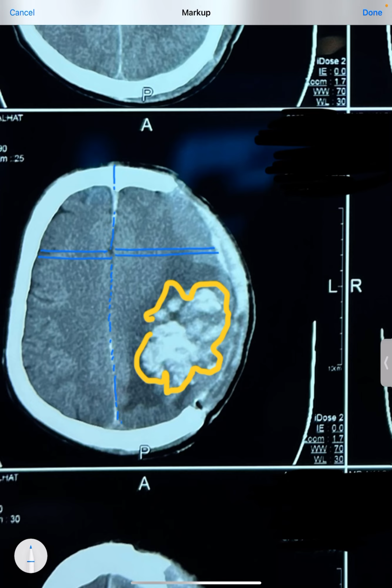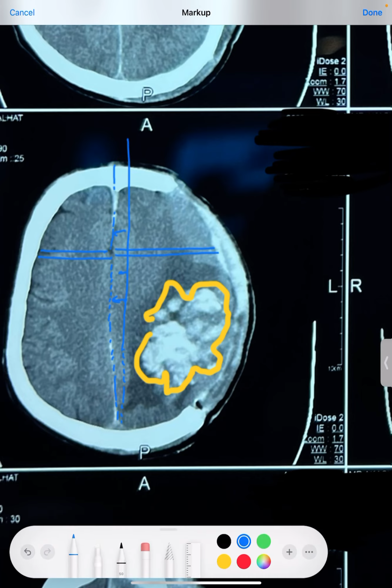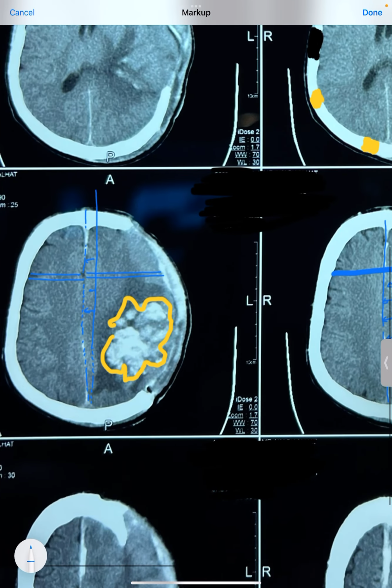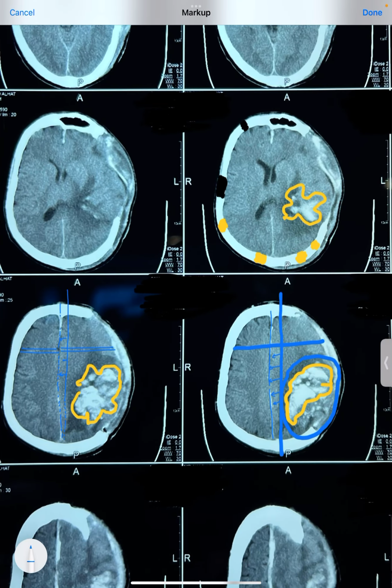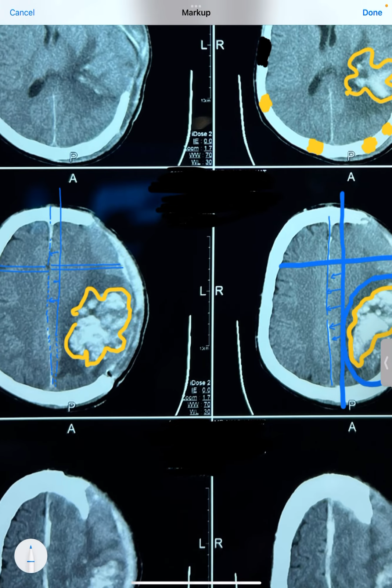So ideally it was supposed to be in this area, but this is completely shifted toward the right side. So there is mass effect, there is edema around the brain, there is swelling around the brain, and the brain is shifted to the opposite side. These are very clearly visible findings on the CT scan of the brain.